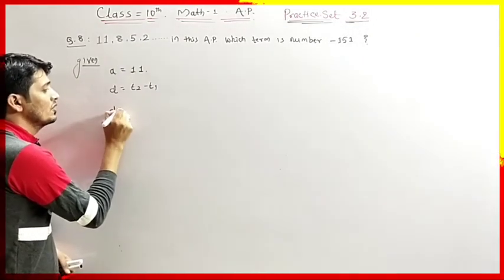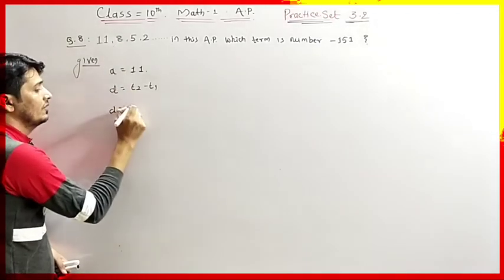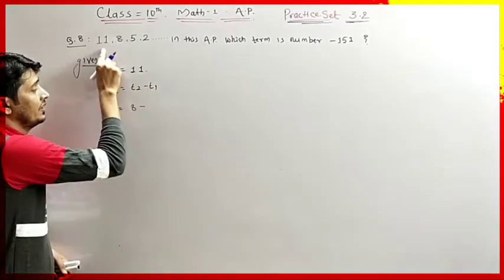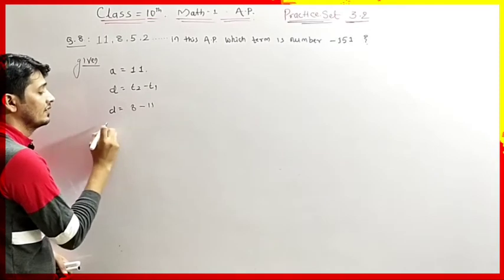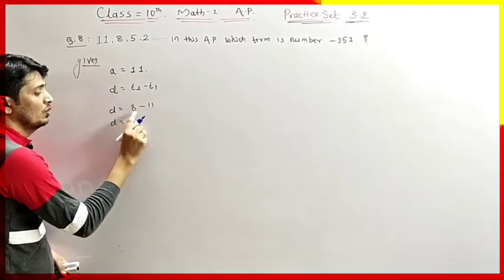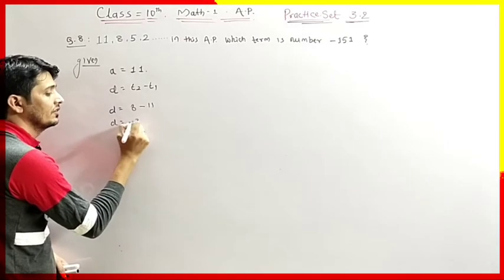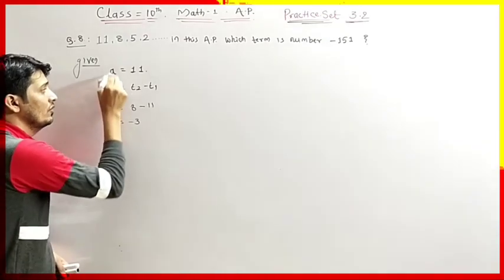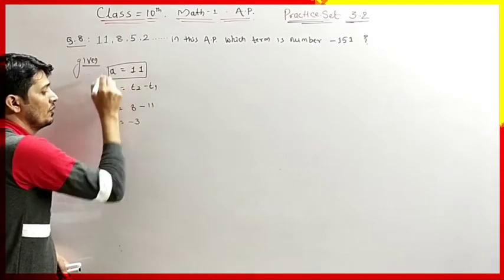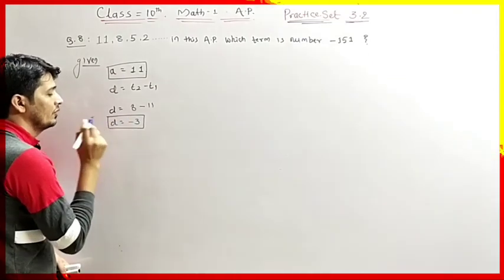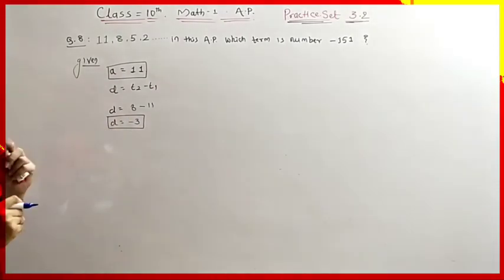So what is t2? T2 is 8, minus t1 which is 11. So d equals 8 minus 11, which is minus 3. Okay, so we have a, we have d, so we can calculate the nth term.